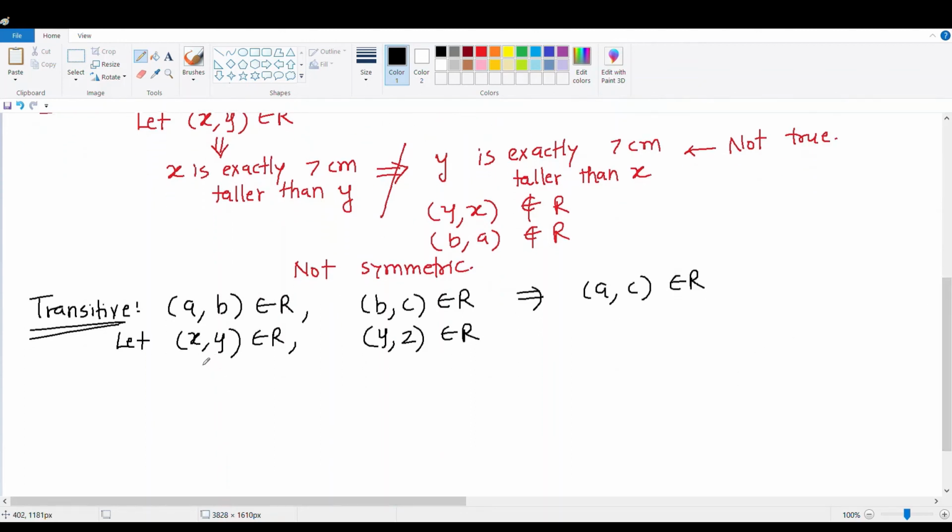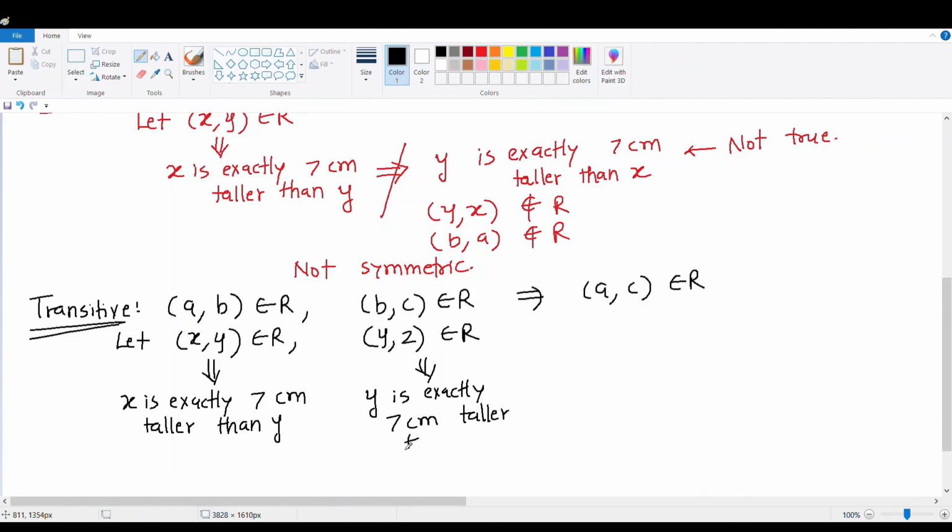So if we have (x, y) belongs to R, that means x is exactly 7 centimeter taller than y, and if (y, z) belongs to R, that means y is exactly 7 centimeter taller than z.